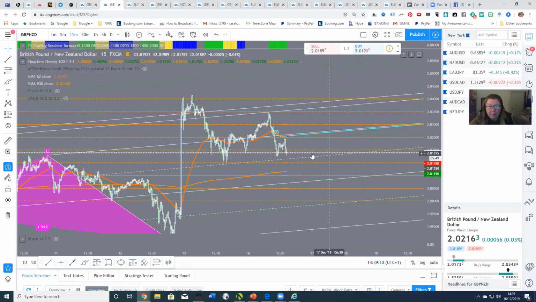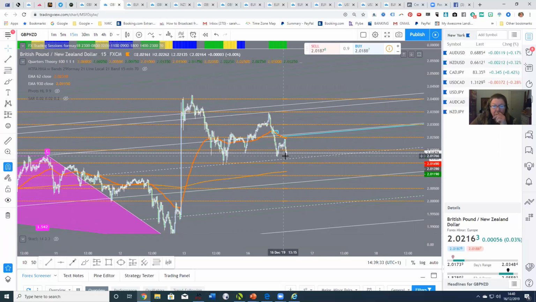It's in a price trap, so that always makes me extremely nervous. I never like to get back into a trade until after it's gone down past about 2.01800. So GBP NZD, which in normal times is a very fast moving pair. 2.01800 is what I'm going to look at.